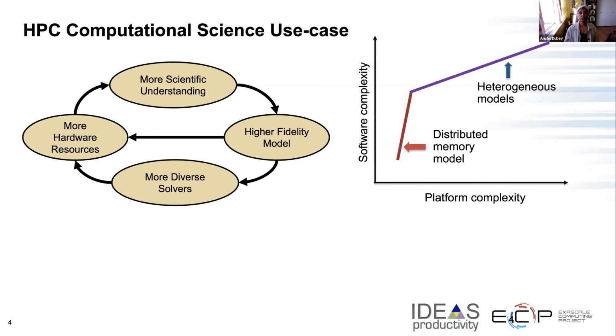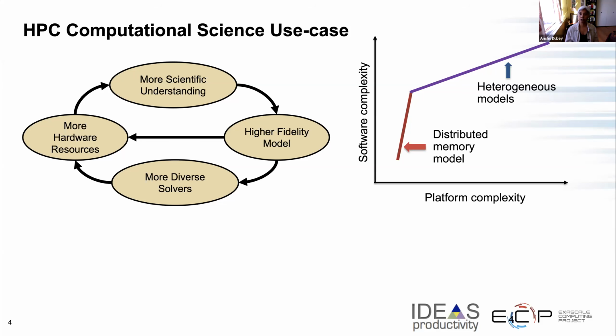This is where HPC computational science has been until recently. That is the distributed memory model, where mostly the abstract programming model to which we were programming was pretty simple, in that you assumed that MPI was an adequate programming model, and that's all one had to worry about.